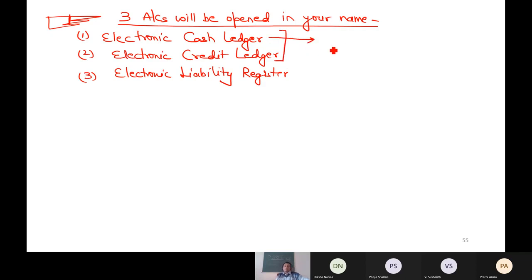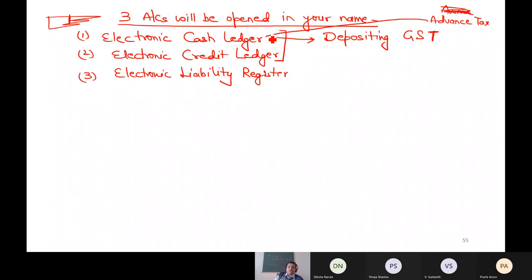What is this cash ledger? It is the tax which you are paying. So when you deposit GST, it will reflect in this account on the credit side. Whatever advance tax you deposit will be reflected in the electronic cash ledger, so that you can use it.